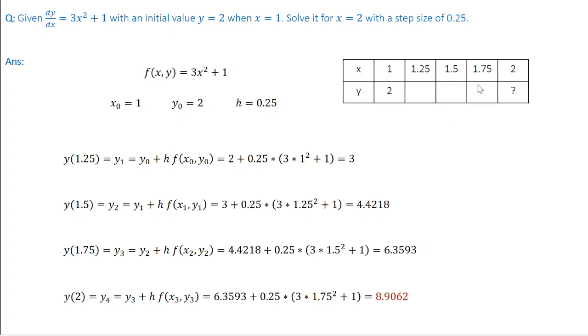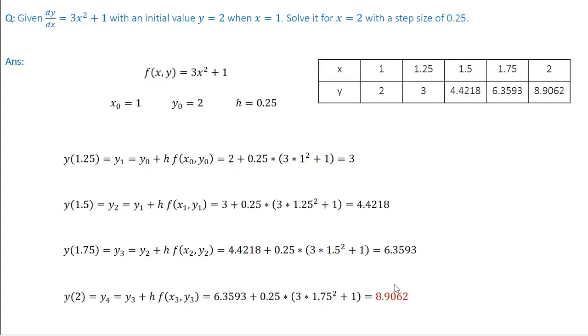Similarly, you find what is the y value at x equal to 1.75. This is 6.3593. And finally, using that value, you find the value of y at x equal to 2 as 8.9062. So step by step, you find the value.